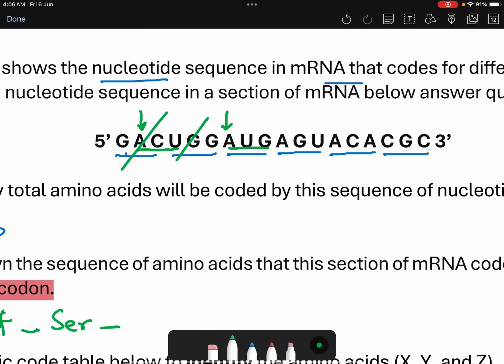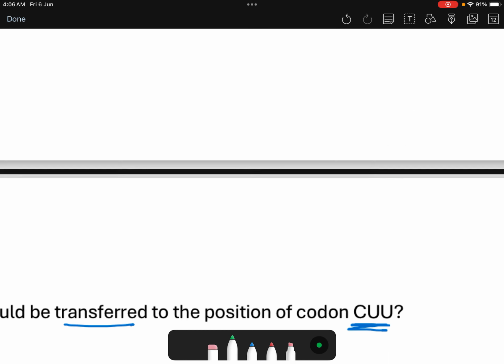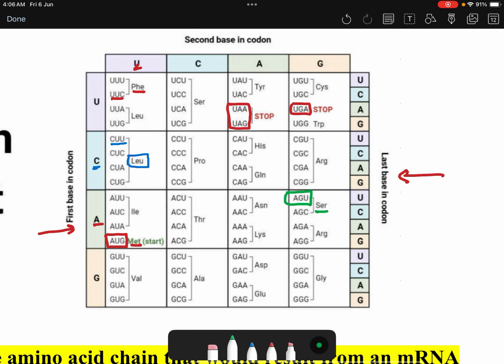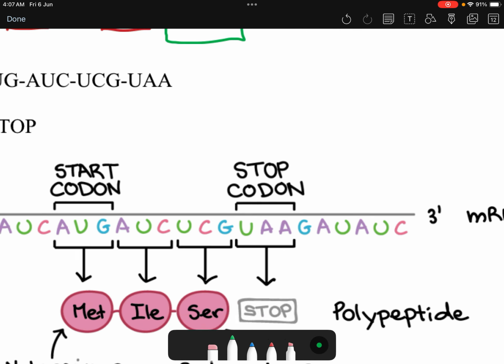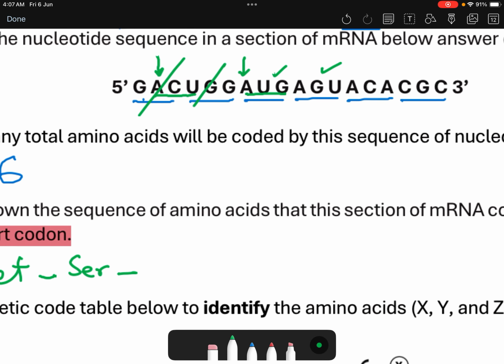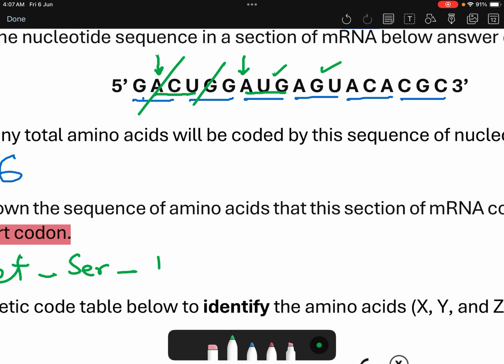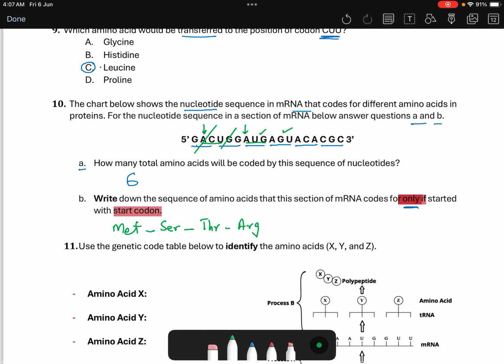Next one, this is done, this is done. It is better to put ticks next to them. ACA and CGC. ACA is THR and CGC is ARG. So THR, ARG. See, this is what you need to learn.